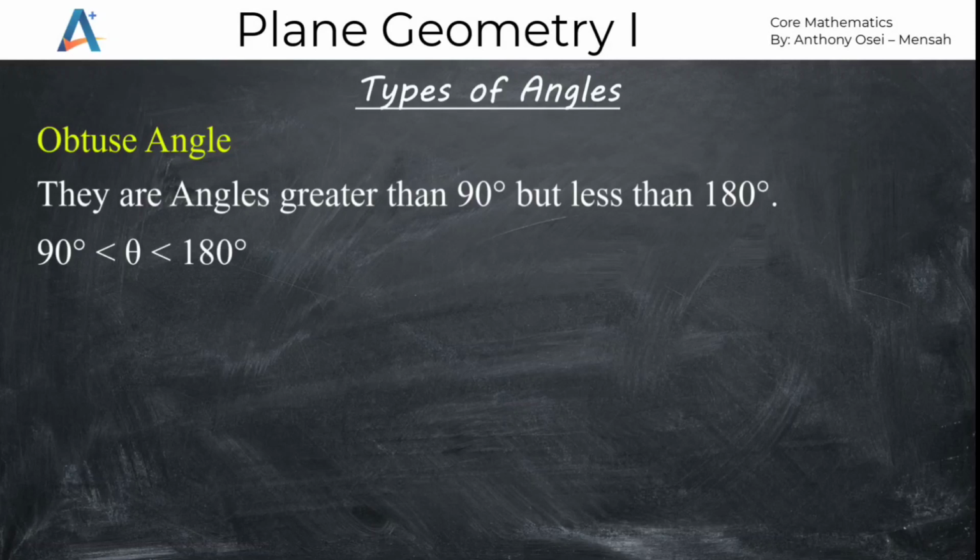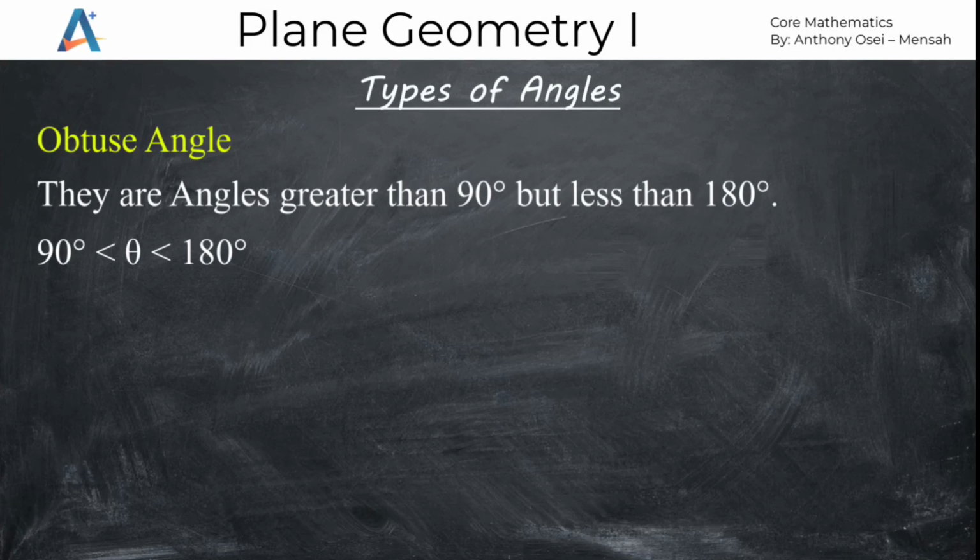That means examples of obtuse angles include 95 degrees, 100 degrees, 120 degrees, and even 170 or 179 degrees, but 180 is not part. Now, if you check those angles, they are called obtuse angles.